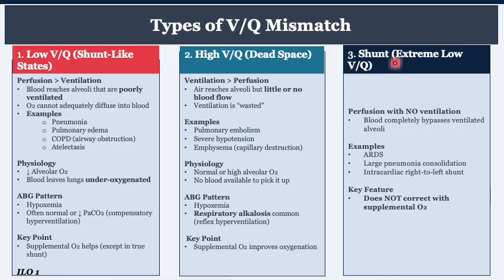This is seen in ARDS, also seen in a large pneumonia with a consolidation. It can be seen also in an intracardiac right to left shunt. Key feature, the O2 sats do not correct when you place them on oxygen.